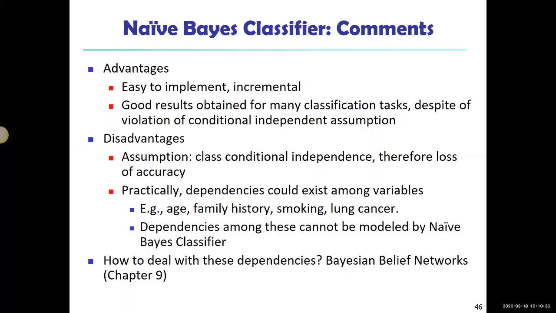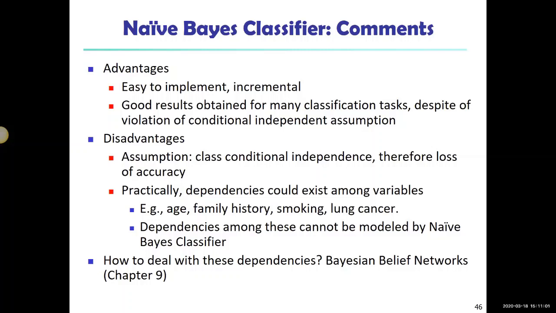The disadvantage, the major thing, is the class conditional independence. Lots of applications that use naive Bayes do not meet this assumption, but even when they don't meet the assumption, they often give very good results. So nobody cares about this conditional independence assumption anymore. Nobody checks it.